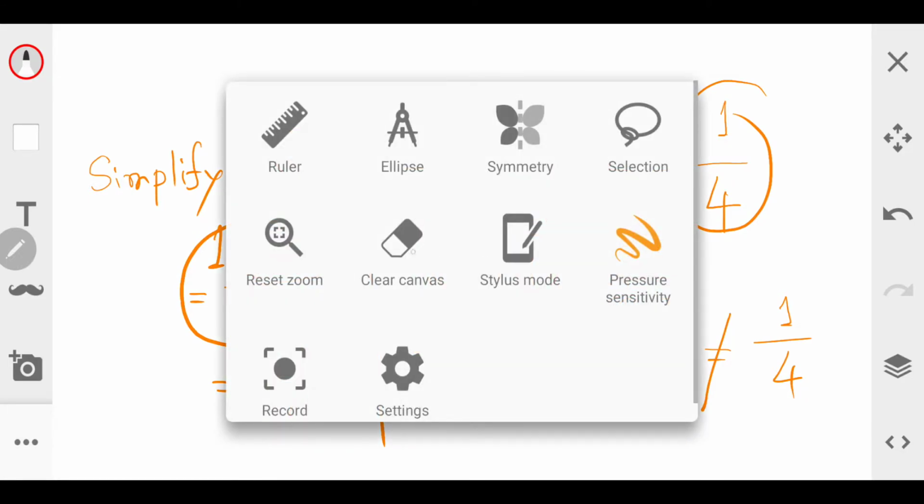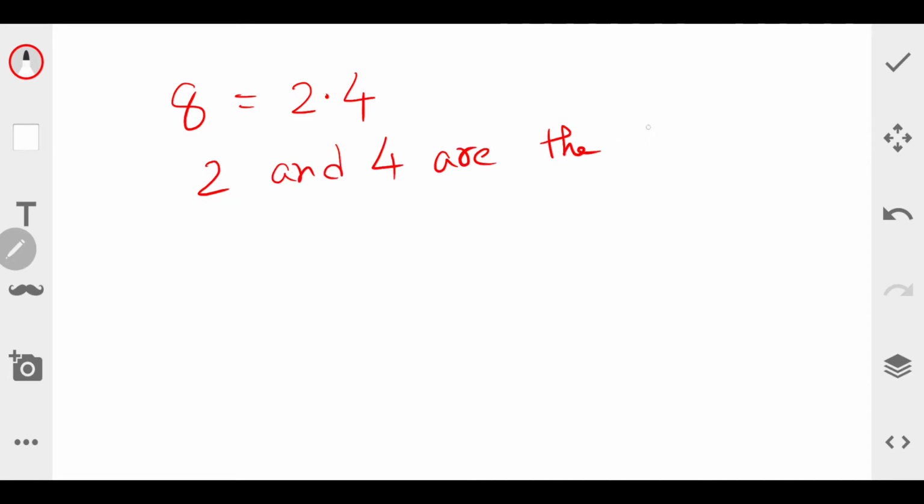Let's erase everything. Okay, so now 8 is equal to 2 times 4. That means 2 and 4 are the factors of 8.